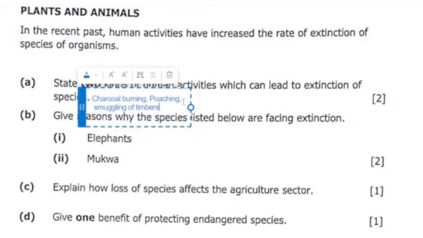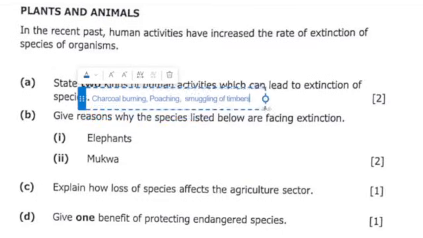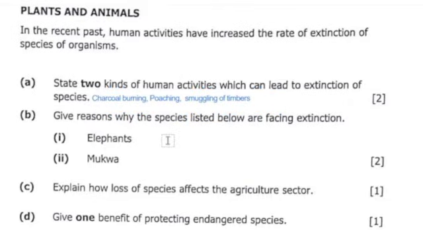Okay, so mukwa is in high demand, therefore people would want to smuggle this timber to other parts where there is no timber, to fetch a lot of money for themselves.